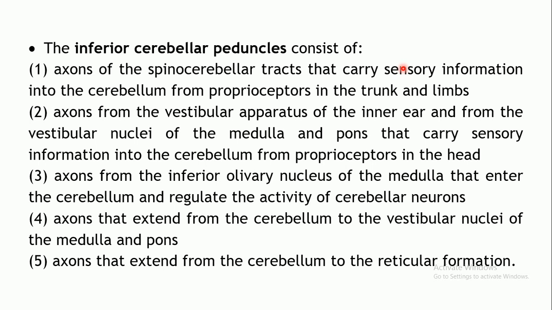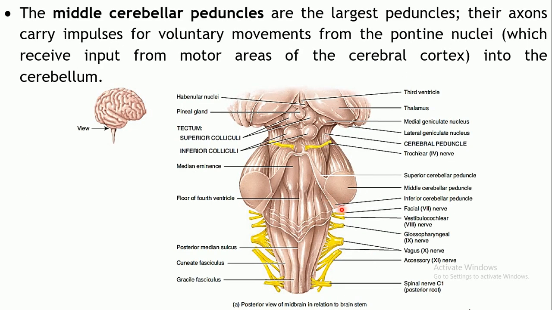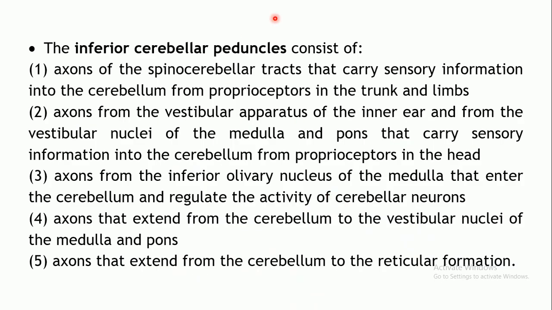Then coming to the inferior cerebellar peduncle, this is the one. It comprises a number of types of axons. It comprises the axons of spinocerebellar tracts. These arise from the spinal cord towards the cerebellar areas.